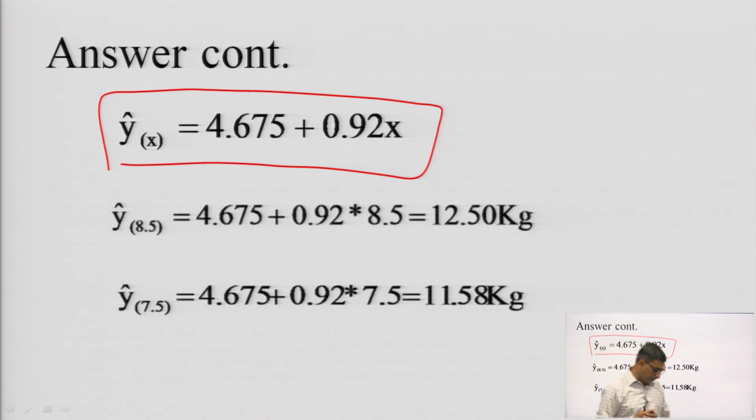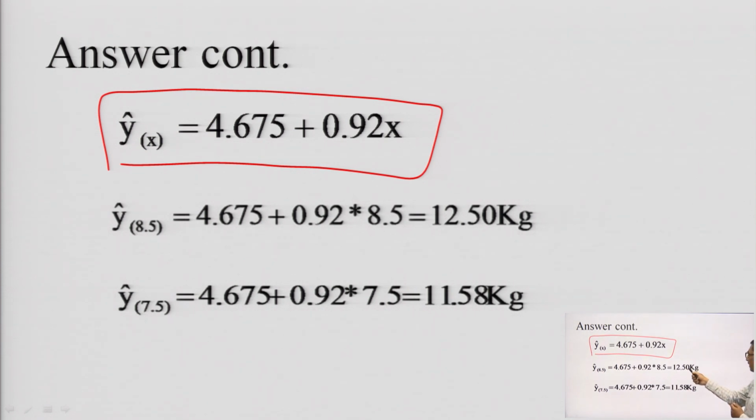Now, another example: we have age x equal to 7.5 years, then we can predict the value of weight for this data: y hat equals 4.675 plus 0.92 into 7.5. On solving this we get the value 11.58. Now, I want to explain one more important point.